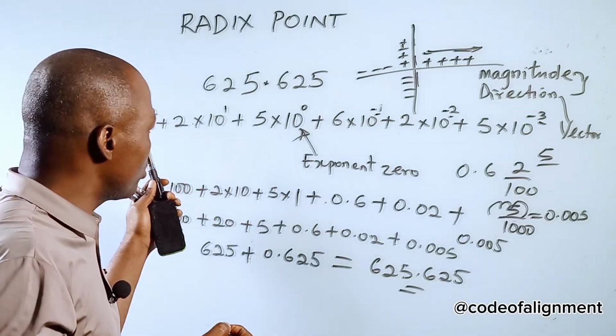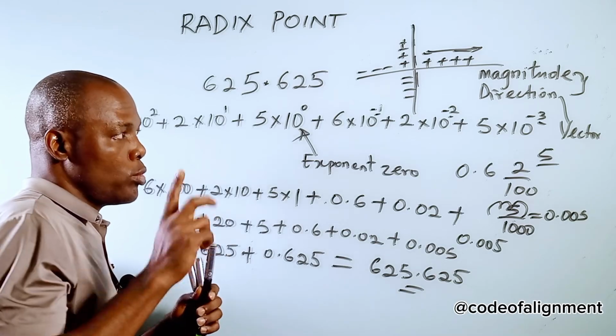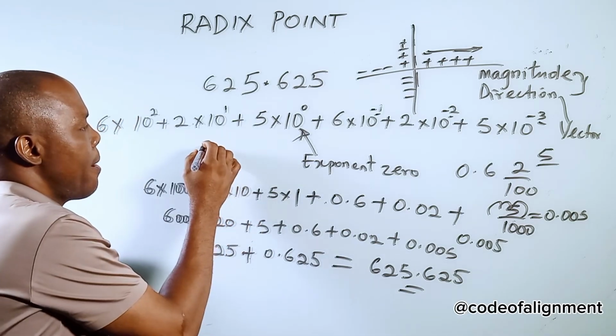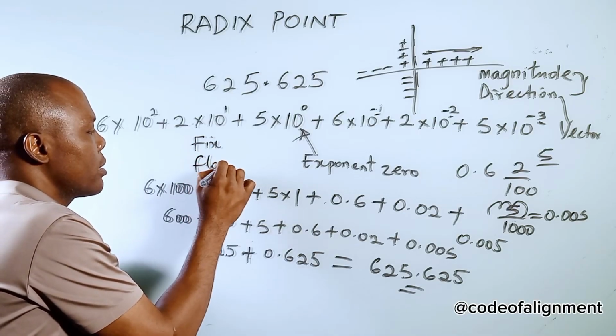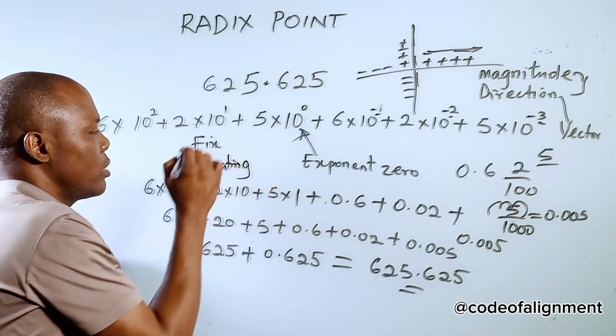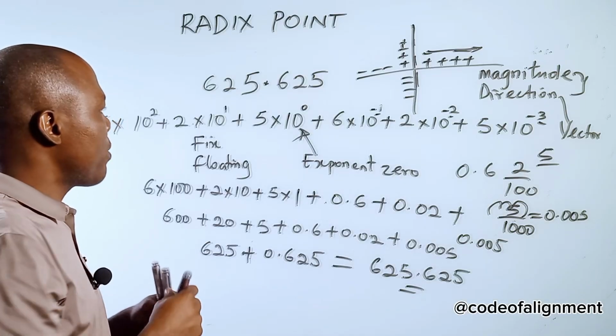So that's what I want to show you. So this radix point now also gives birth to two systems, which is what? Fixed and floating point. This we'll still discuss in our next classes.